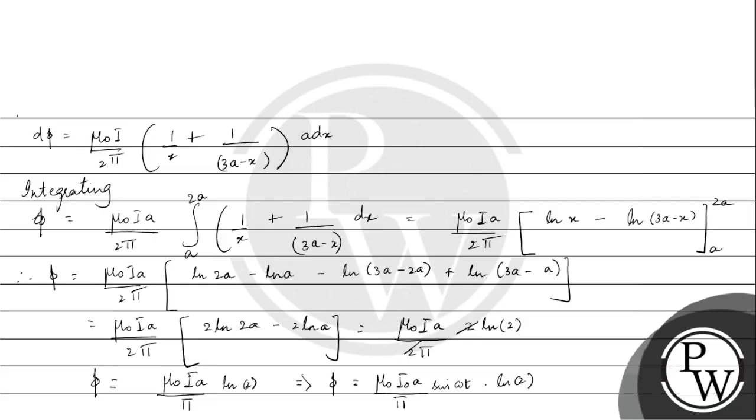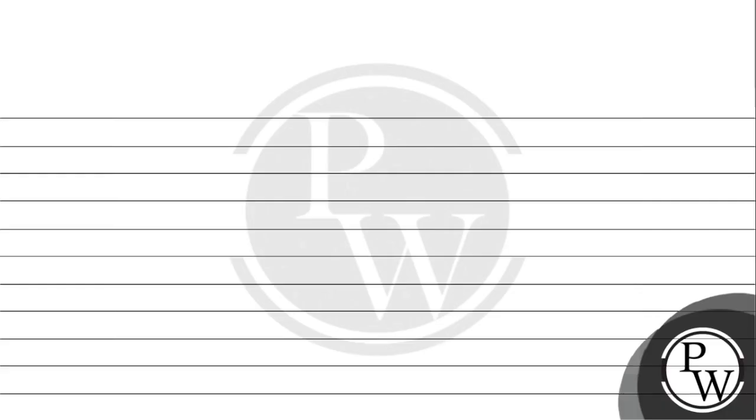Now we will calculate the induced EMF. The induced EMF is E equal to, we only want the magnitude, so we take the modulus of minus d phi by dt. So this will be mu naught I0 a divided by pi into ln 2 into d by dt of sin omega t.